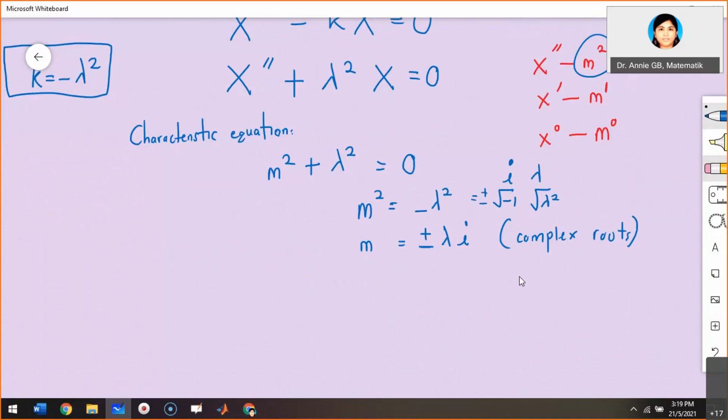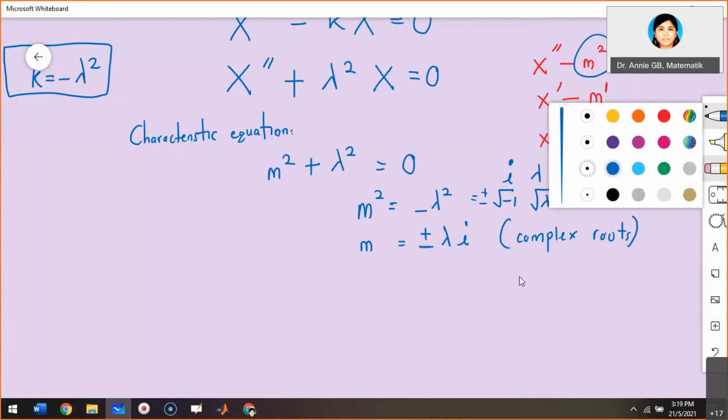Siapa ingat? Kalau saya conteng di sini. Kalau dia complex root.